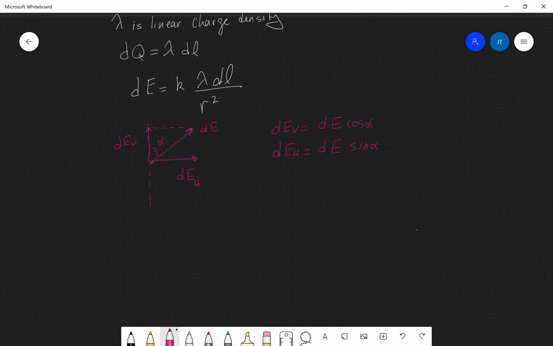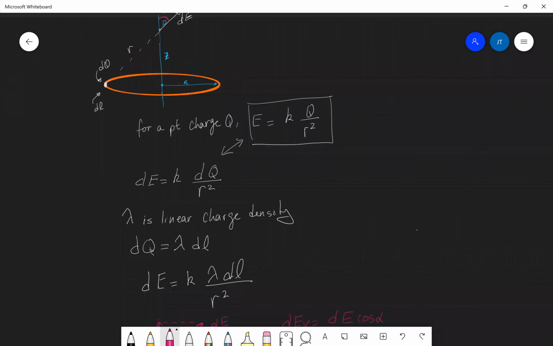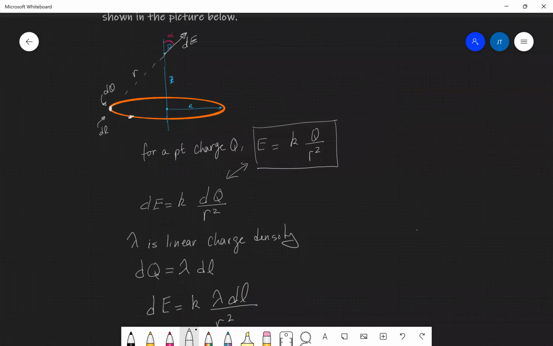So what we need to do now is break up dE into vertical and horizontal components, and then add all the vertical contributions, because again, this is just one element, right? I can choose another element here. This element is going to produce a similar dE with its own vertical and horizontal components. And another element here will produce another dE with its own vertical and horizontal components, and so on and so forth.